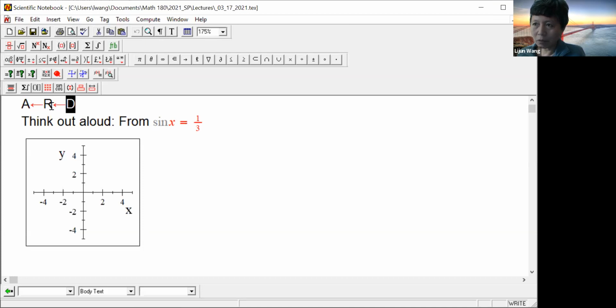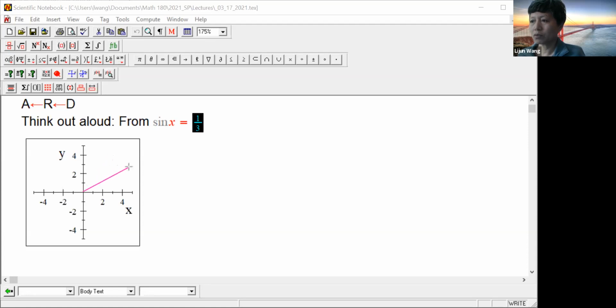From the D, I'm going to identify all the possible reference angles with 1/3 for the sine value. So now I have two terminals, because sine is positive in the first and second quadrants.